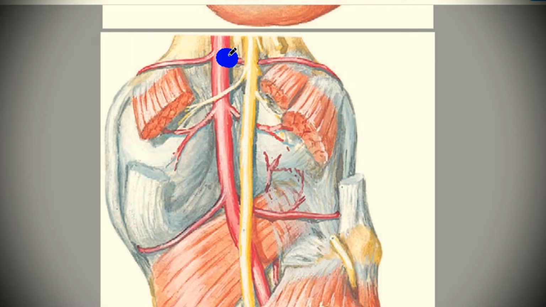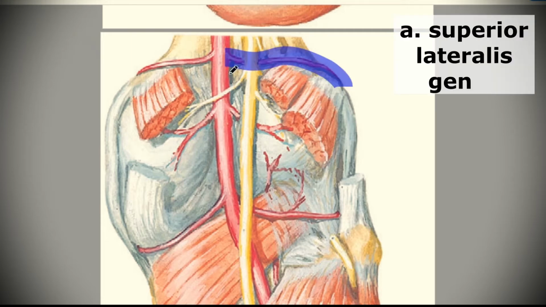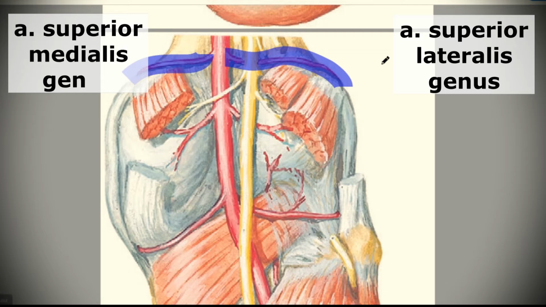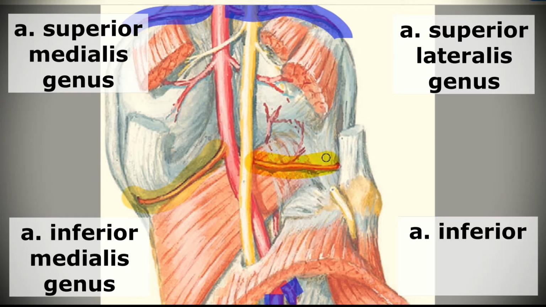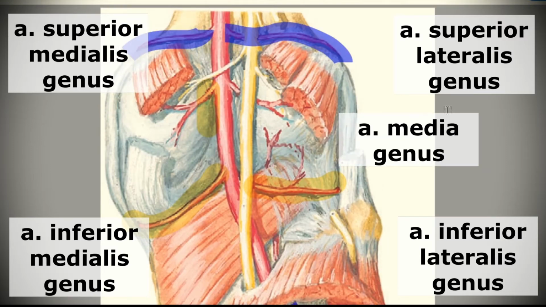The first one will be arteria genus superior lateralis. This will be arteria genus superior medialis. Then we will have two inferior: arteria genus inferior medialis and arteria genus inferior lateralis. And one will be arteria media genus. So we have 5 branches, 5 arteries.